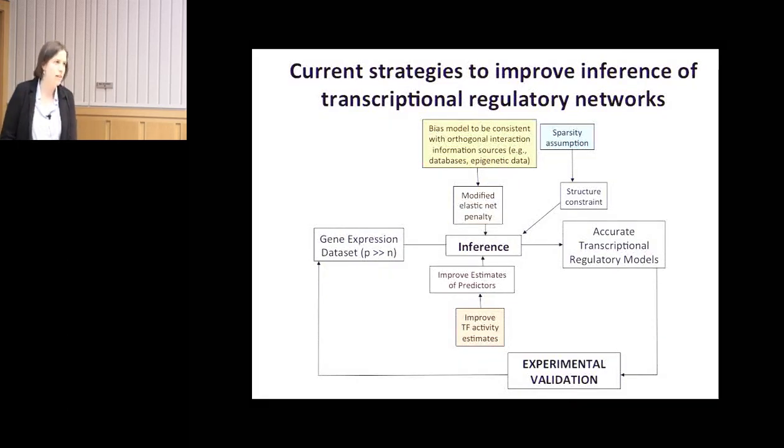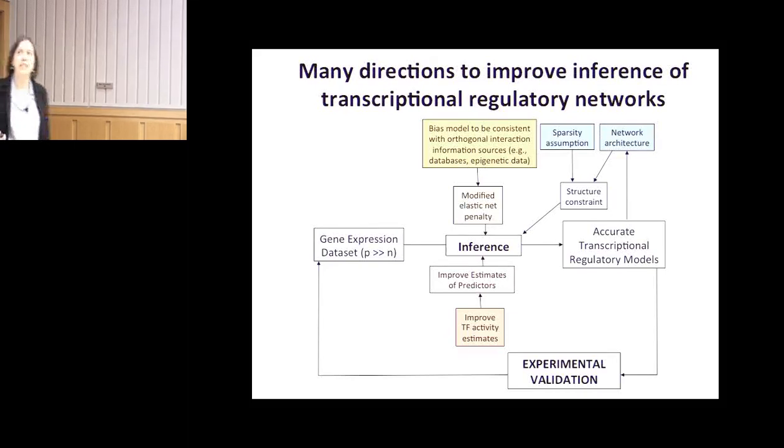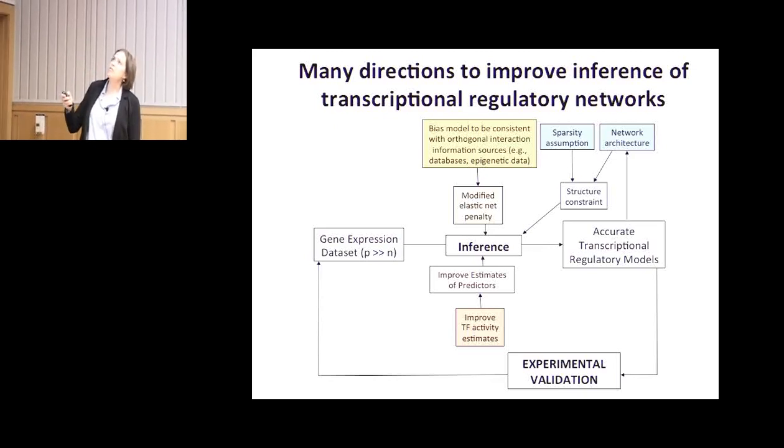First of all, if you know something about the architecture of the network, for example, if it's scale-free, or how many transcription factor targets your average transcription factor could have, anything about the network topology, there are methods being developed that enable you, if you already know what kind of network architecture to expect, to model that and use that to constrain.